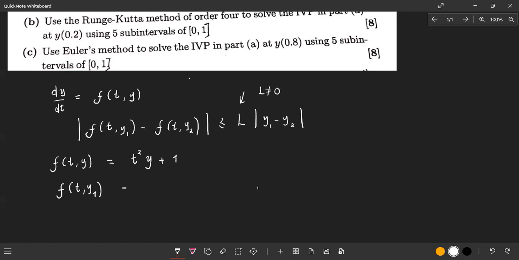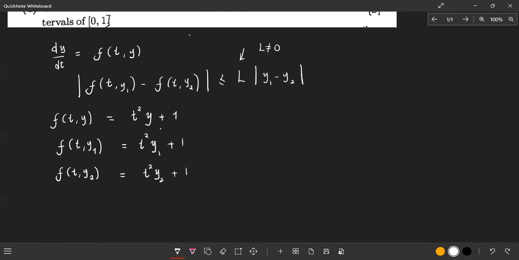So f of t comma y1 is equal to t squared y1 plus 1. Similarly, f of t comma y2 is equal to t squared y2 plus 1. Now let's subtract the two here.